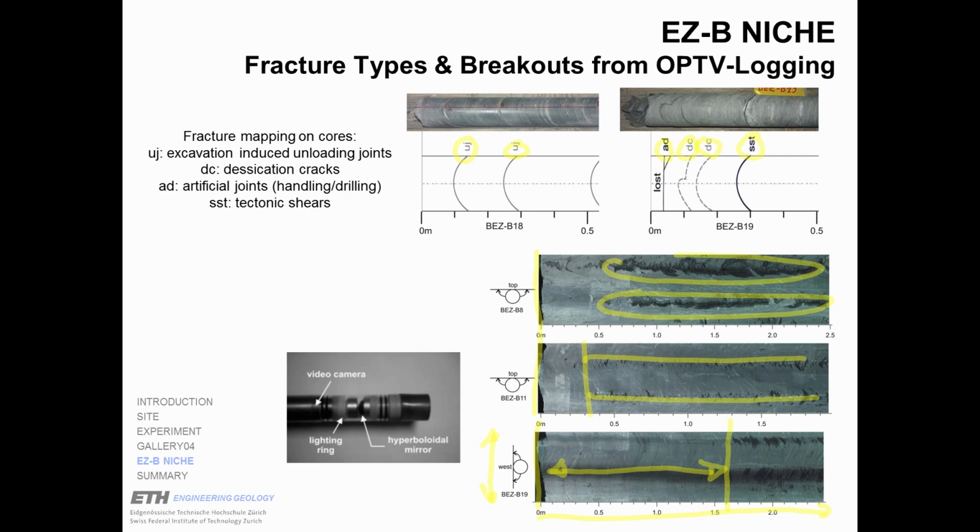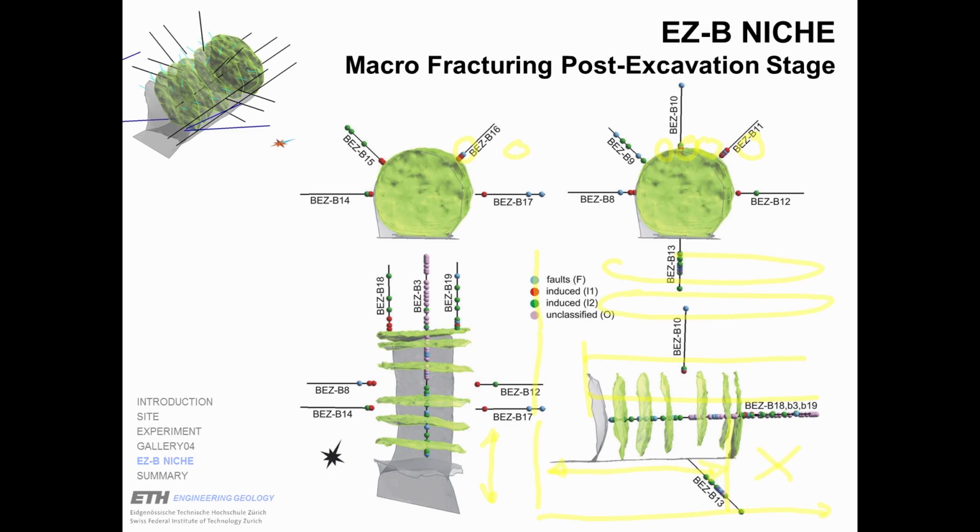So this is a zone of stress redistribution due to damage around the excavation, and this is in fact the area where you see the breakouts, where you had not much stress relaxation in response to the formation of an EDZ around the niche. This is a summary of the observed macroscopic fractures.